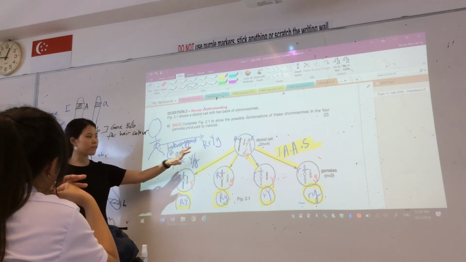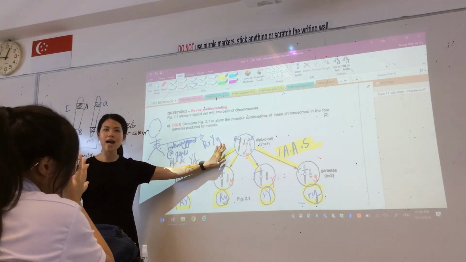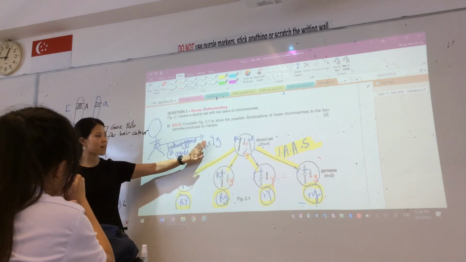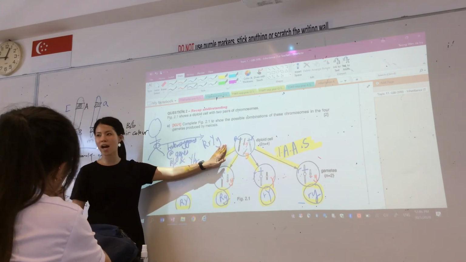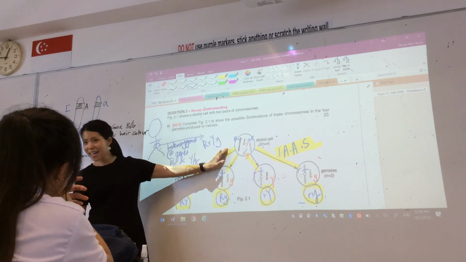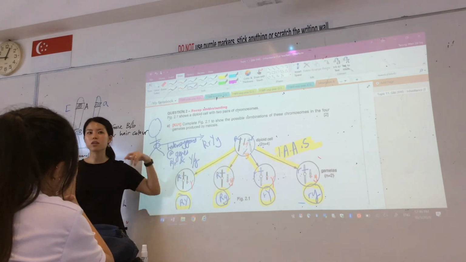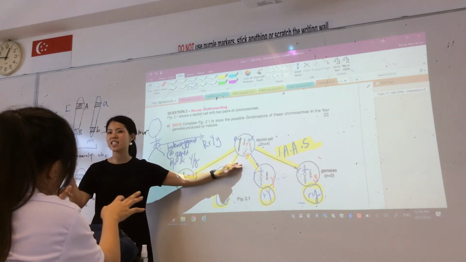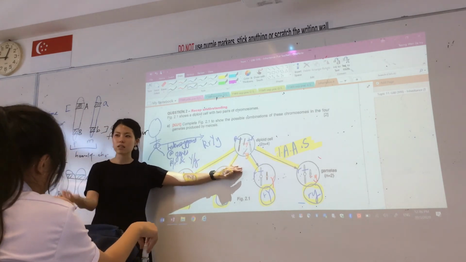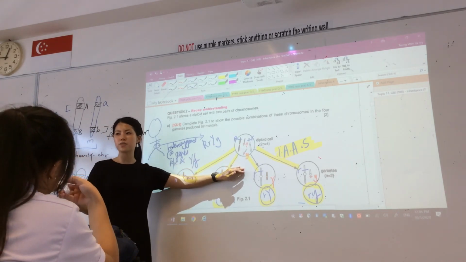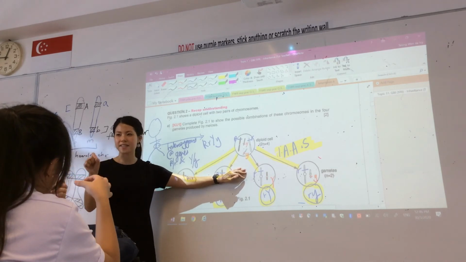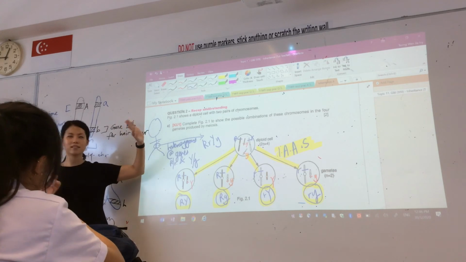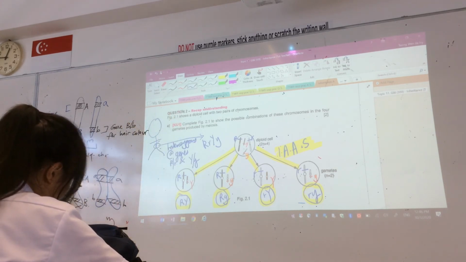The gene locus for R and gene locus for Y, he is heterozygous. Could it be heterozygous for R and homozygous for Y? Can. Why cannot? It could be also. So if you're looking at different gene loci, you need to be very clear in your answer. When you use the term heterozygous, homozygous dominant, homozygous recessive, make sure you tell the examiner which gene locus you're describing, because the individual can have different genotypes.